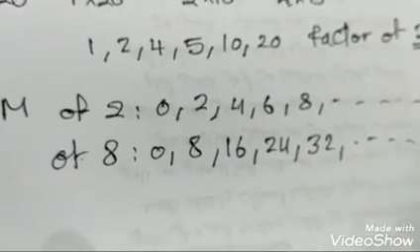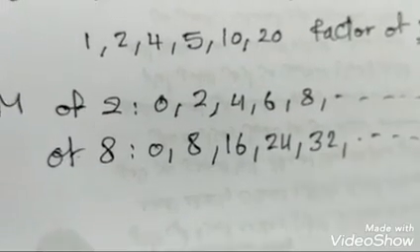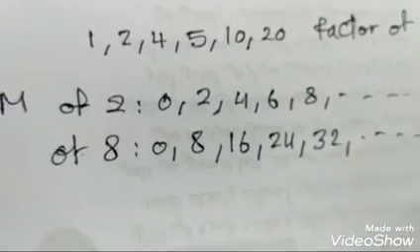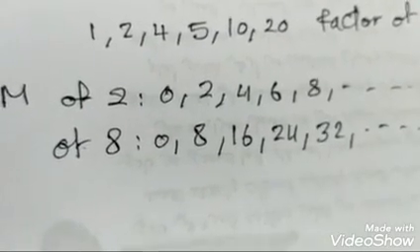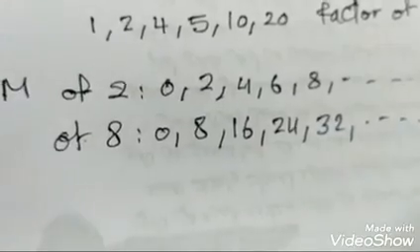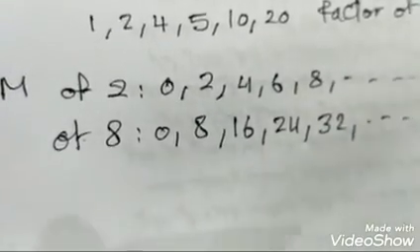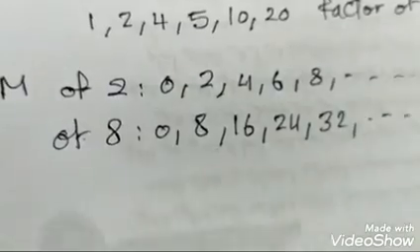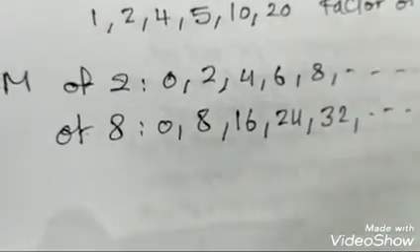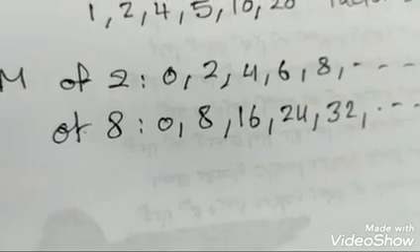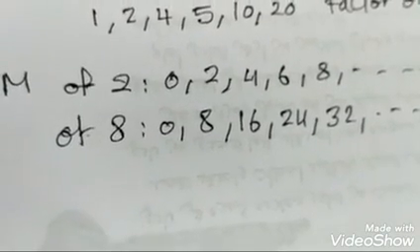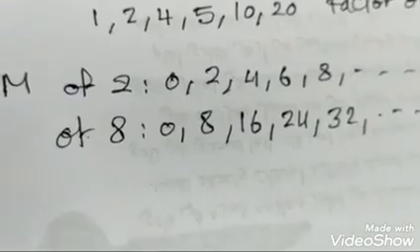Now, what is divisibility? A number is divisible by another number when you divide and the remainder is 0. It means the result of the division is a whole number without any remainder. So how can I know that a number is divisible by 2?